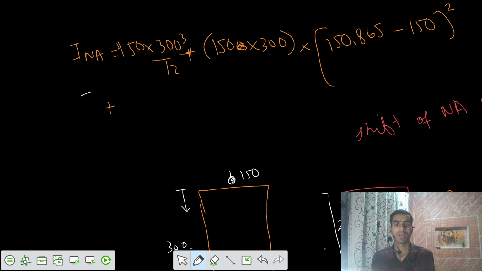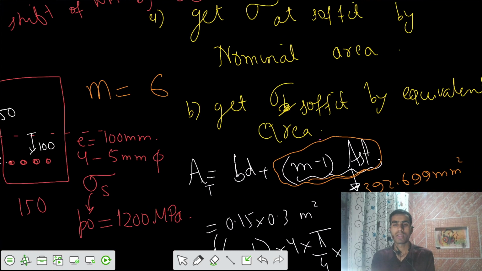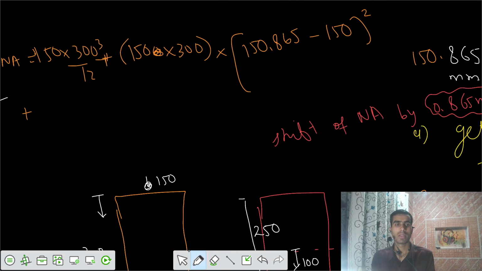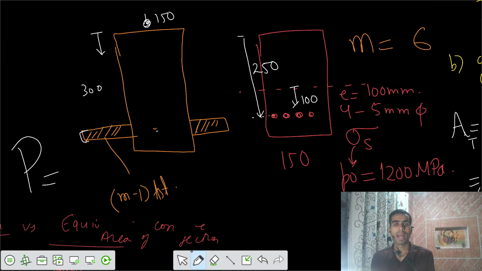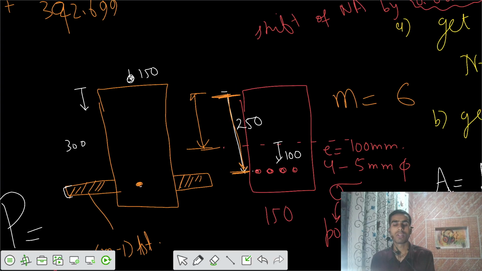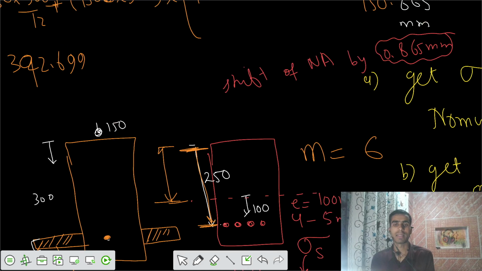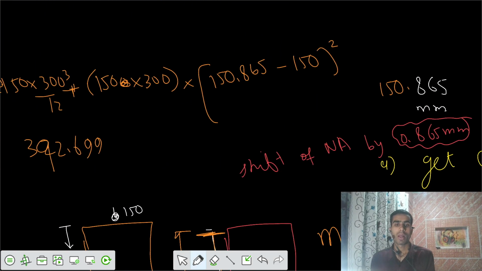Then we have the third area, the area of (m minus 1) Ast, 392.699, and it's acting from the top at a location of 250, but your neutral axis is at 150.865. So the difference is 250 minus the location of neutral axis, 150.865, whole square.